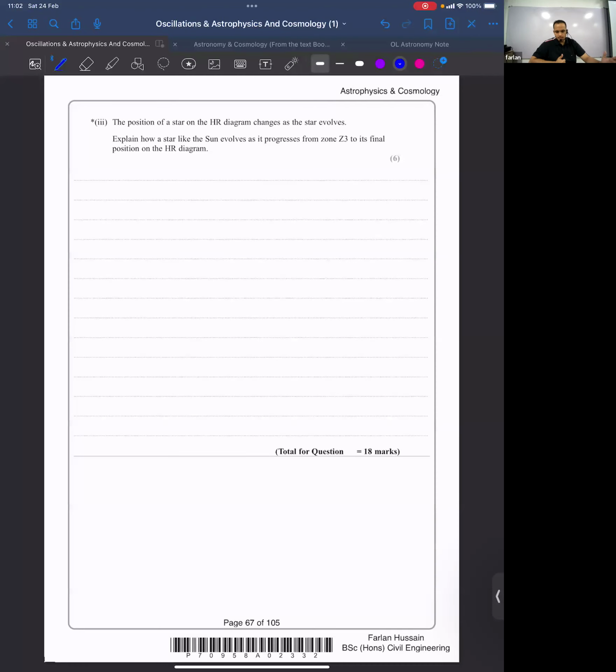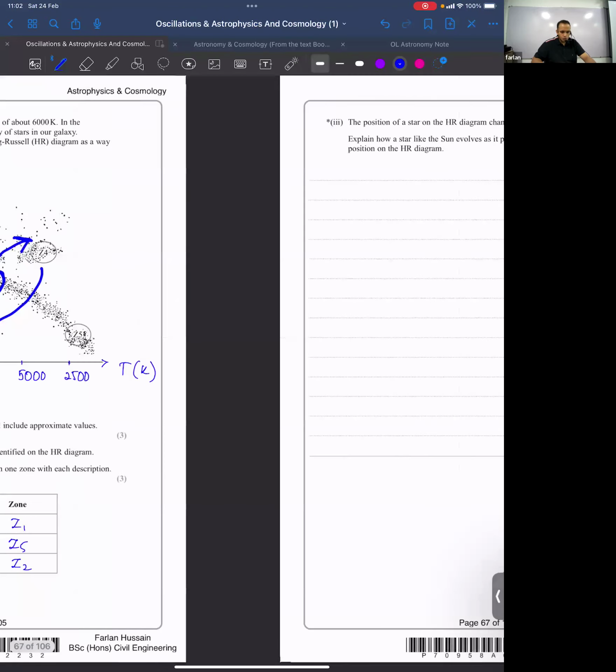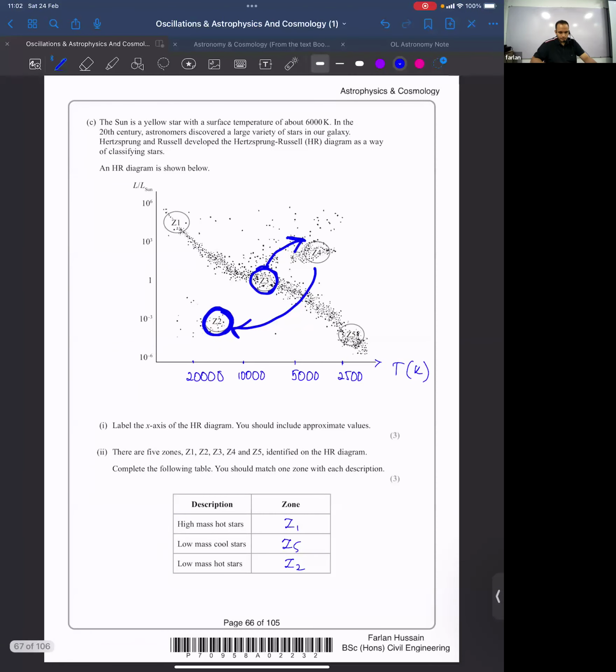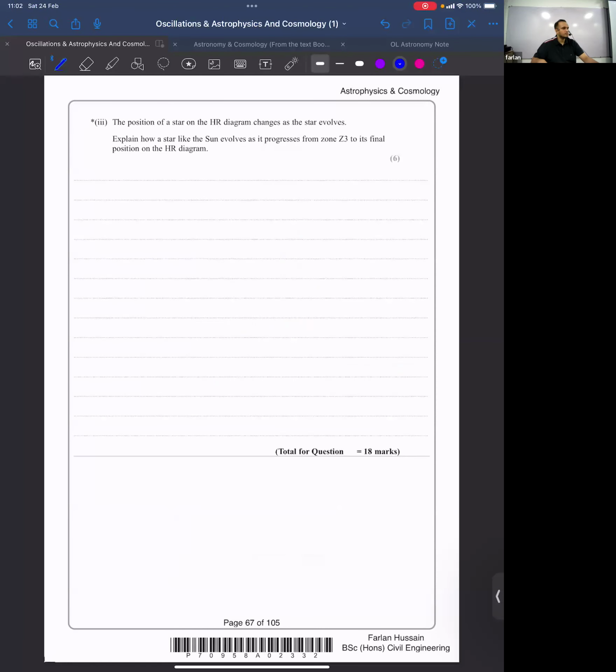When the sun is at zone Z3, it is in its stable period.